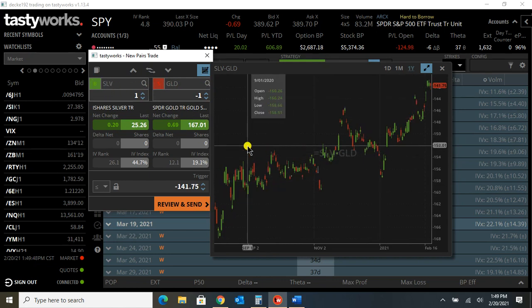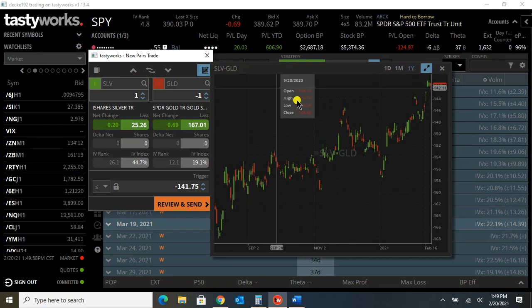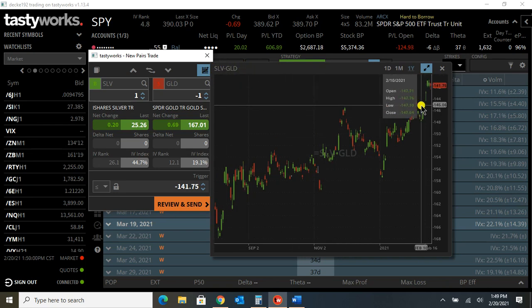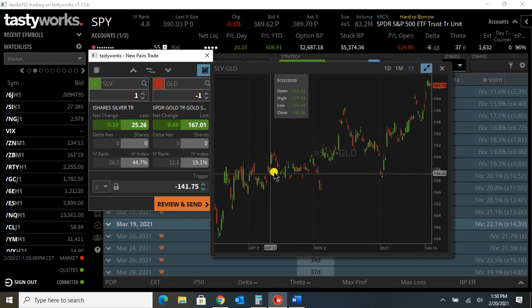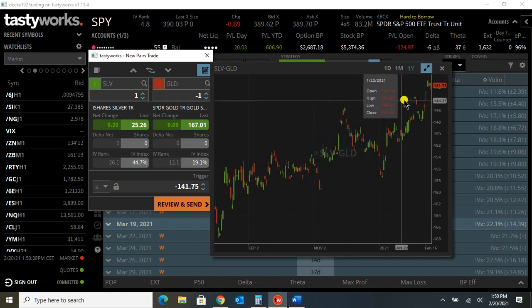Whenever you're putting on a pairs trade and you are using a chart where you type in something minus something else, if you put on that trade, you're going to benefit if the chart goes up. In this case, the chart is on an uptrend.